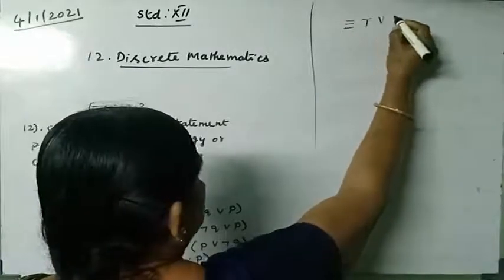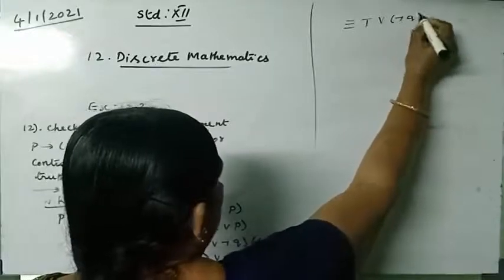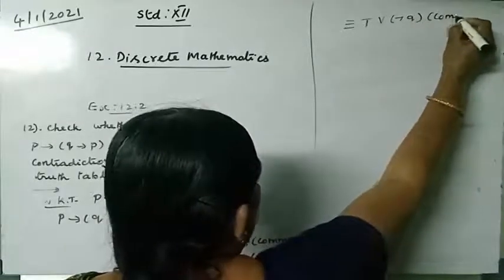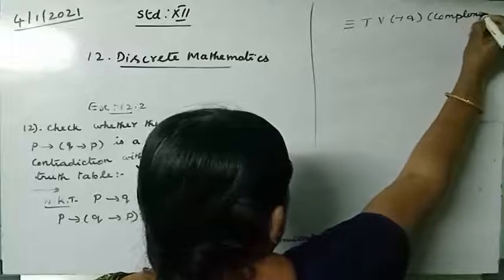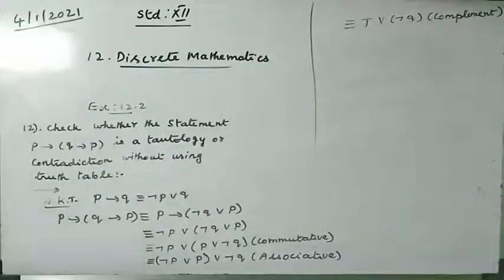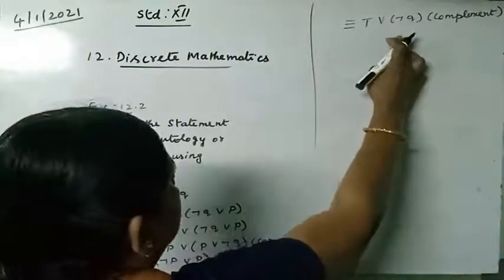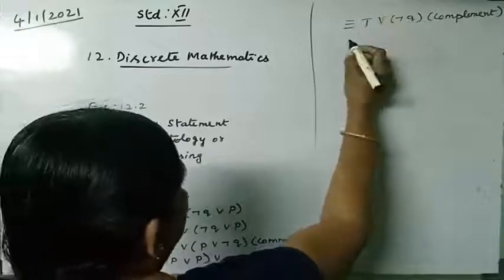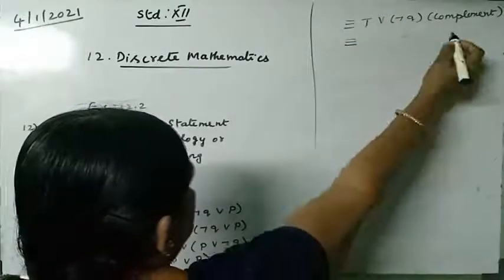True or negative of Q. That is, we used the complement law. And then, when we add a number to the true value, once again we will get the true value. So that is once again complement.